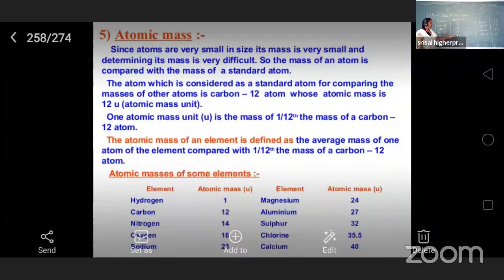Okay, atomic mass. The symbol will represent that oxygen. Oxygen atomic number is 8 and atomic mass is 16.